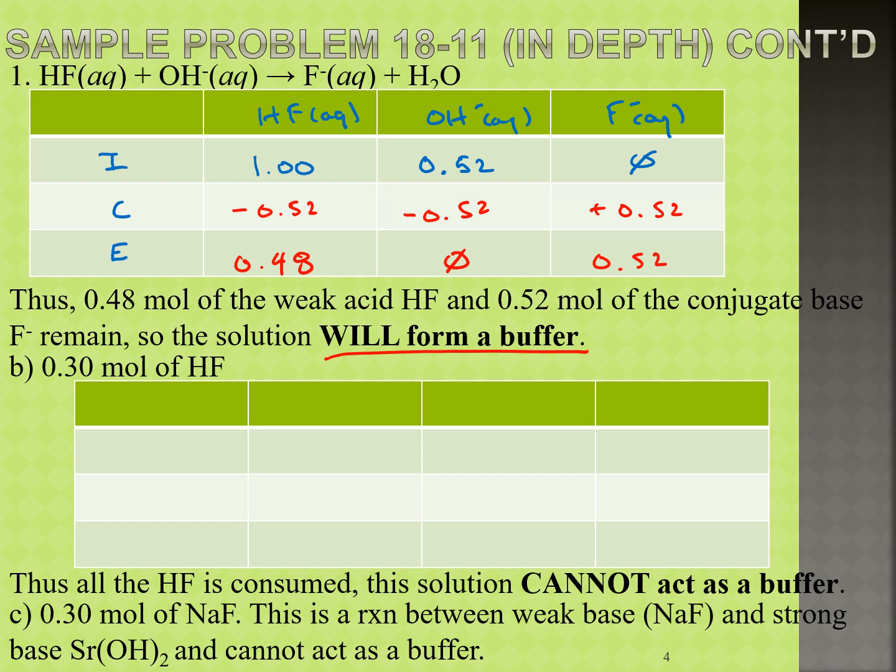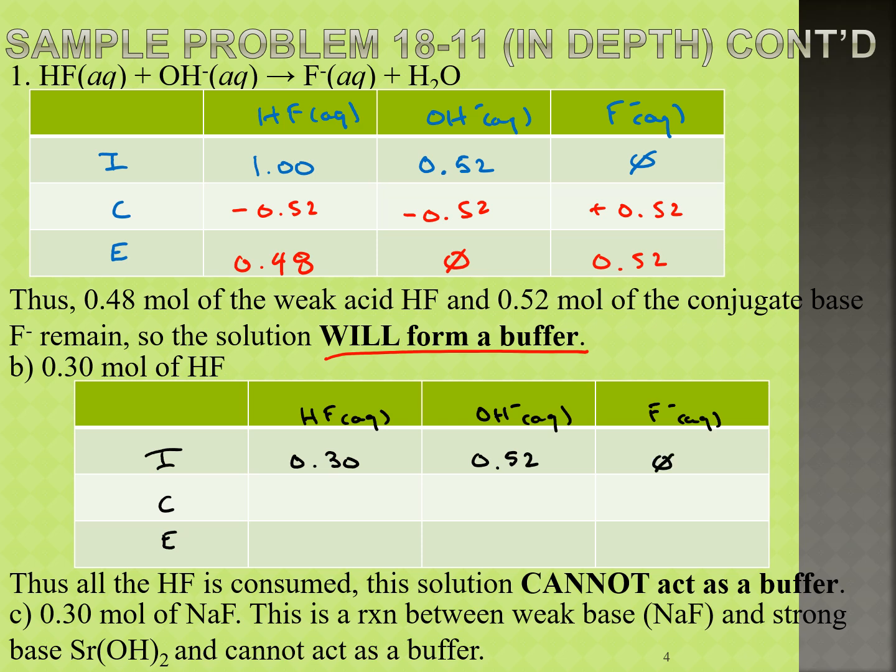All right, what happens if I added it to 0.3 moles of HF? So again, I've got my HF, I've got my hydroxide. So in this case, I'm only starting with 0.3 moles of HF, but I still am starting with 0.52 moles of hydroxide.